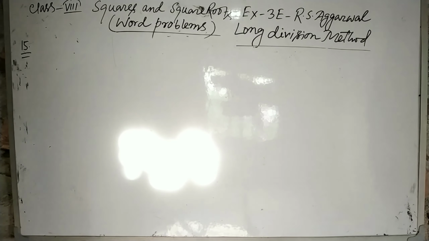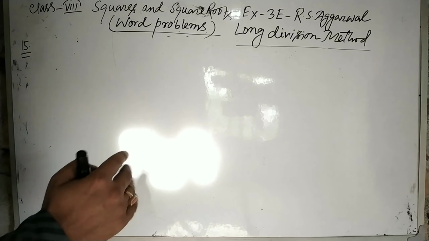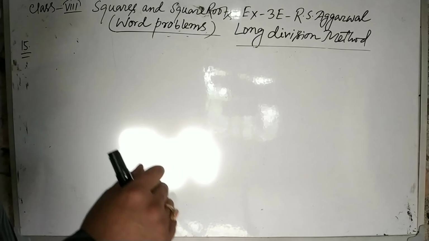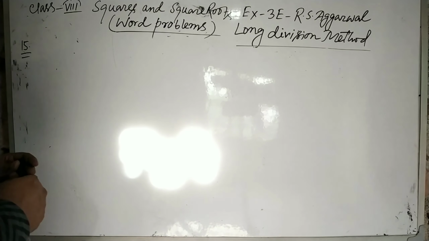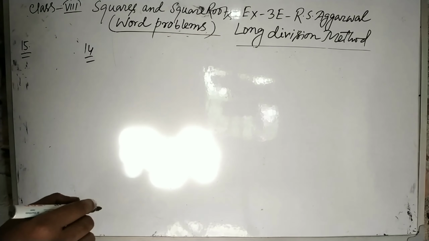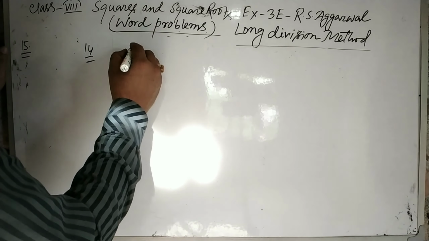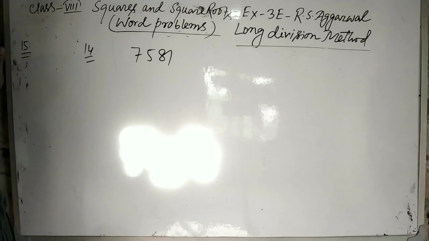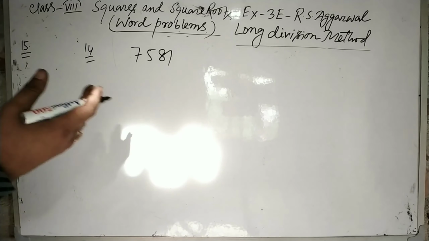We are not doing question number 14 because question number 13 and question number 14 are exactly similar. Here also you have to find out what number must be subtracted from for question number 14. I am just discussing the sum. For question number 14, what is the question? What you have to subtract from 7581 so that the resulting number will be a perfect square number.